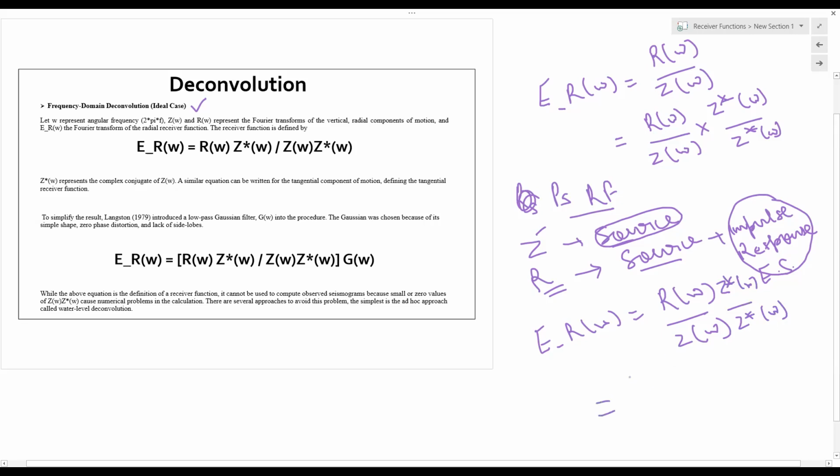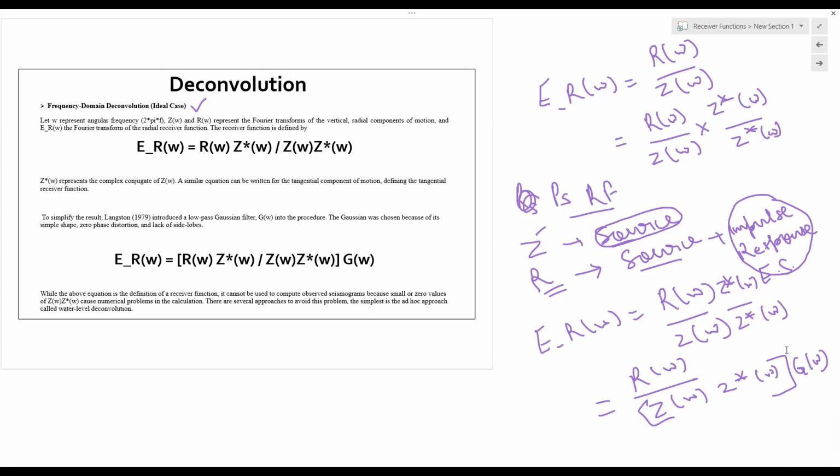What he did was multiply the denominator by the Gaussian width parameter, so he multiplied it with the Gaussian filter. The Gaussian filter is a low pass filter which has a simple shape and zero phase distortion, and also it lacks side lobes. So you don't have to worry about that.